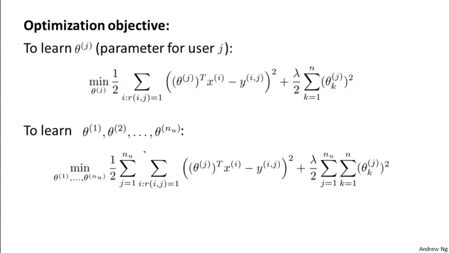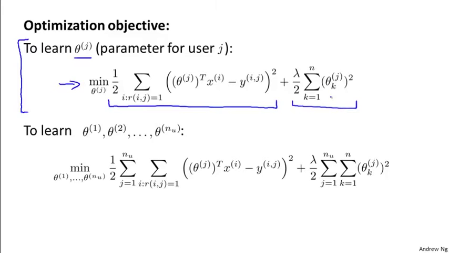So just to repeat what we wrote on the previous slide, here's our optimization objective. In order to learn theta j, which is the parameter for user j, we're going to minimize over theta j this optimization objective. This is our usual squared error term, and then this is our regularization term.